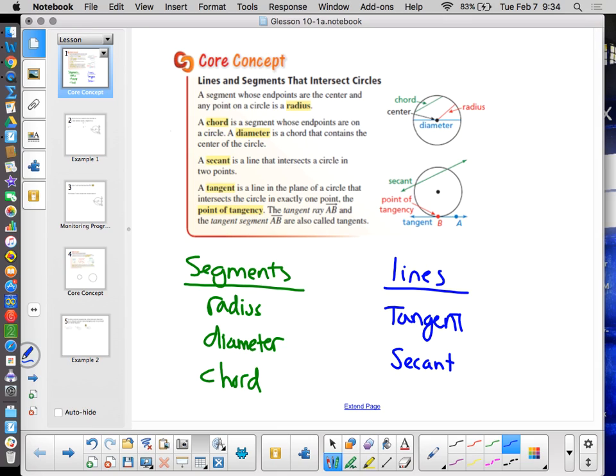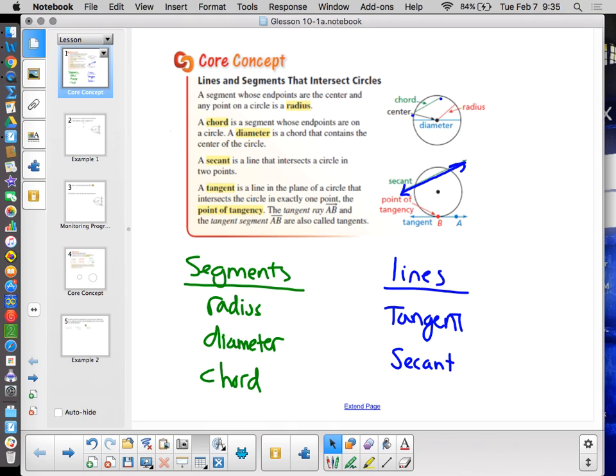A secant line contains a chord, but it is a line. It extends beyond the circle. The chord has distinct endpoints on the circle. The secant line goes beyond that and on into infinity. A secant line intersects the circle at two points instead of just one point. Tangent intersects at one point. A secant intersects at two points.